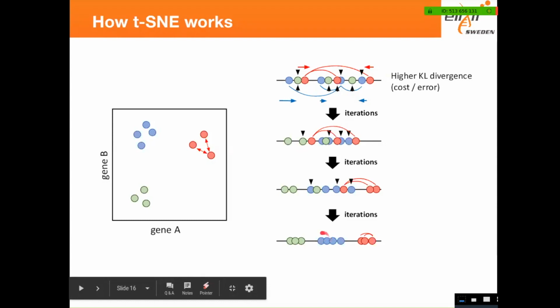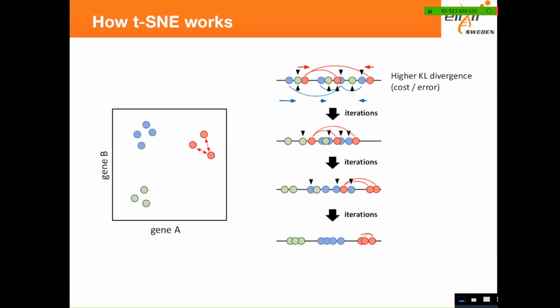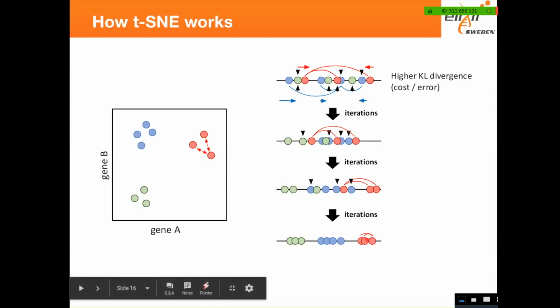If you have, for example, those 2 clusters swapped, even for the tSNE, you will not consider this as really problematic, as long as they are far apart from the red ones. And in this setting, you have a lower divergence between the reduced space and your multidimensional space, because the distance in here is close to the distance in here. As well for the blue ones, they are close in here, and the green ones, they are close in here and in here.